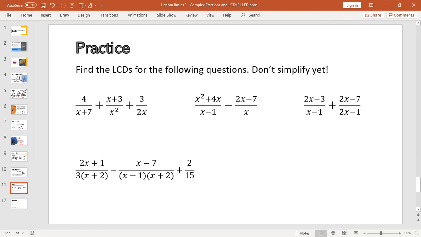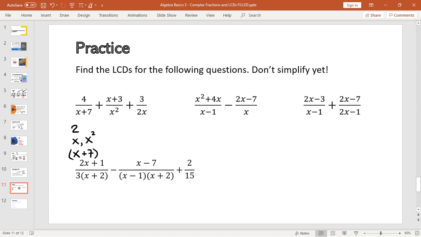So we're going to do this math next slideshow, but for now we're just going to find the LCDs. So what do you see that's different? You see a number, and it's 2. And you see x's to the power 1 and the power of 2. And x plus 7 is something completely different. It doesn't have brackets around it, but that is a binomial.